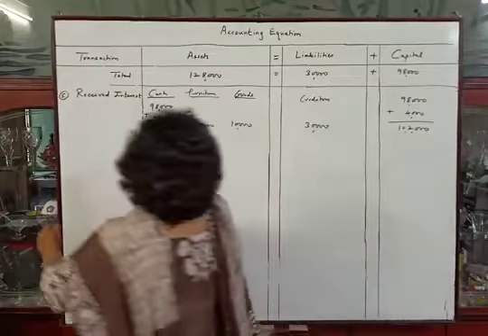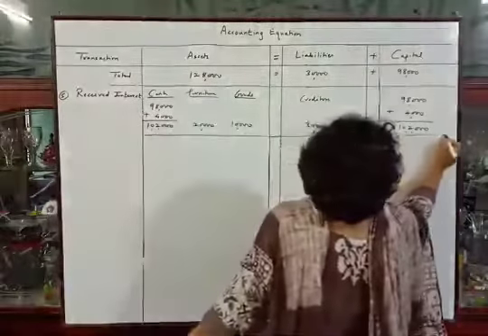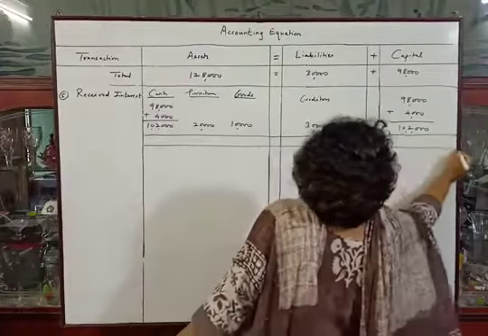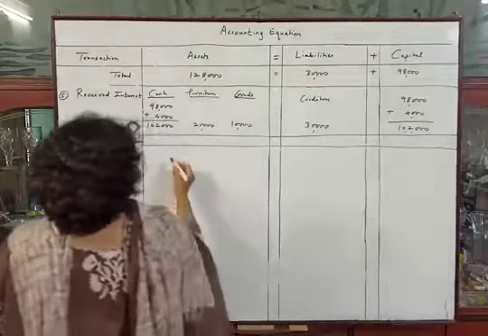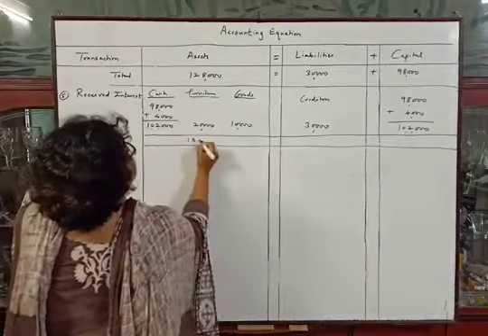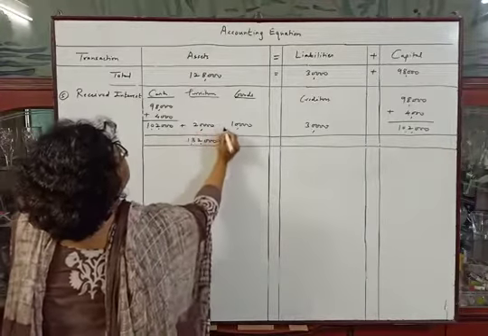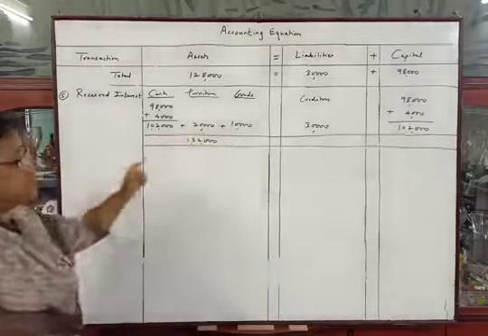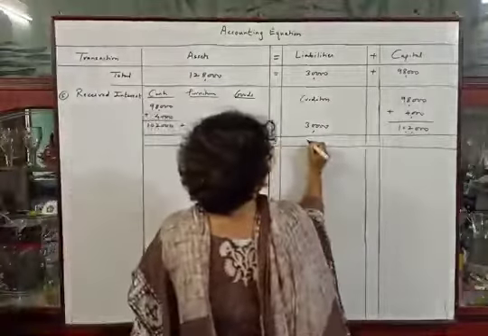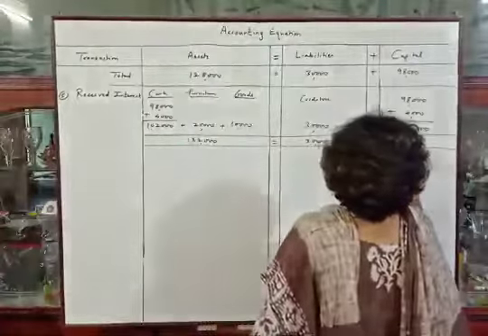And now let's tally. Total of cash will be 1,32,000. Cash plus 20,000 plus 30,000 plus 10,000 is 1,32,000 is equal to 30,000 plus 1,02,000.